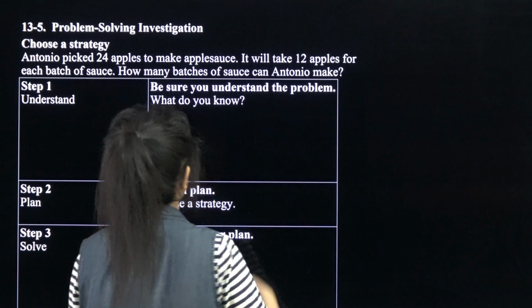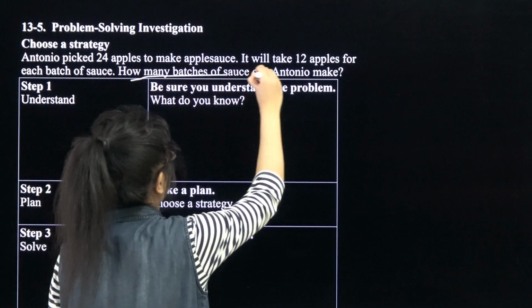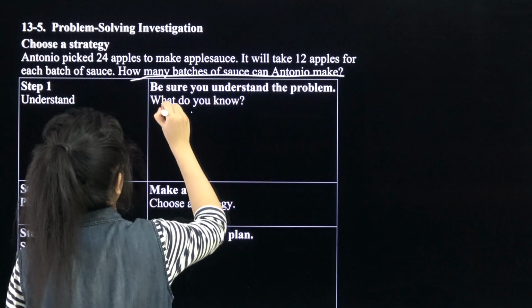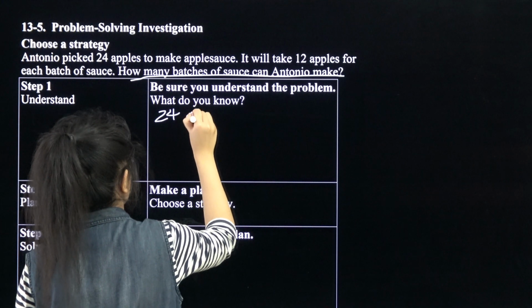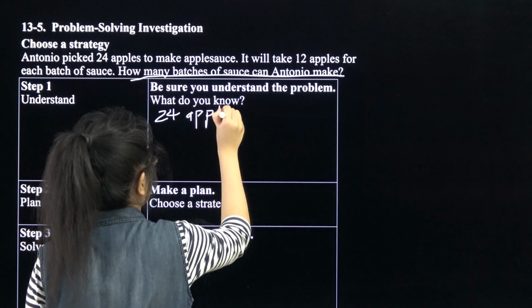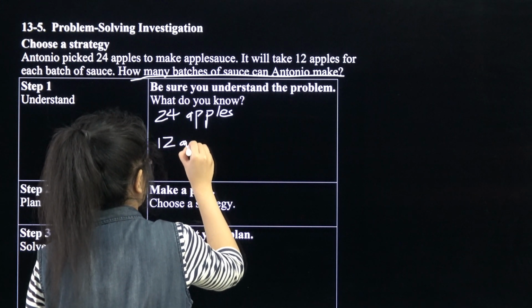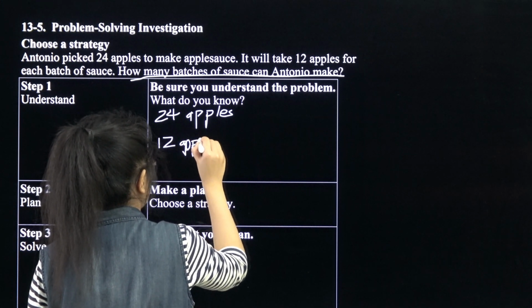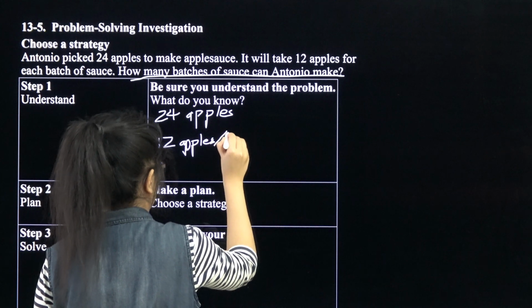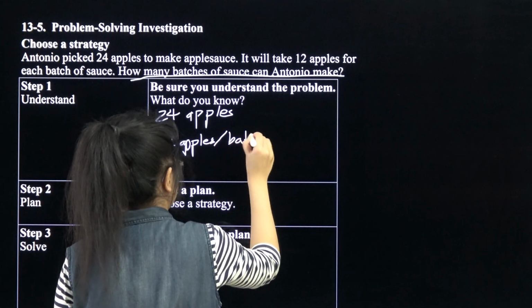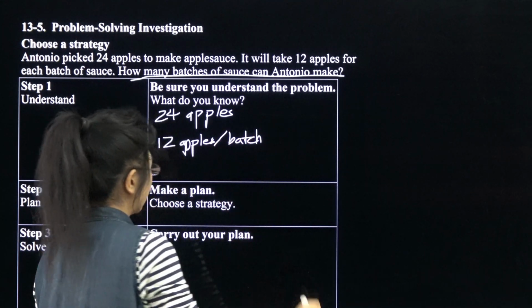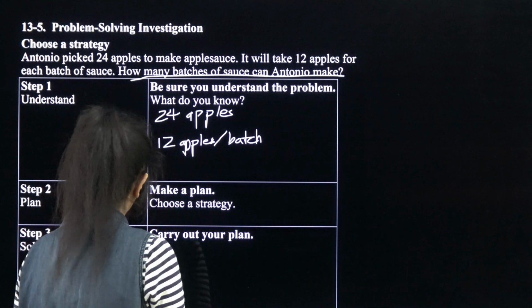So we want to know how many batches of sauce can be made. We have 24 apples, and we need 12 apples per batch. This slash is also the per sign, like the for each sign.